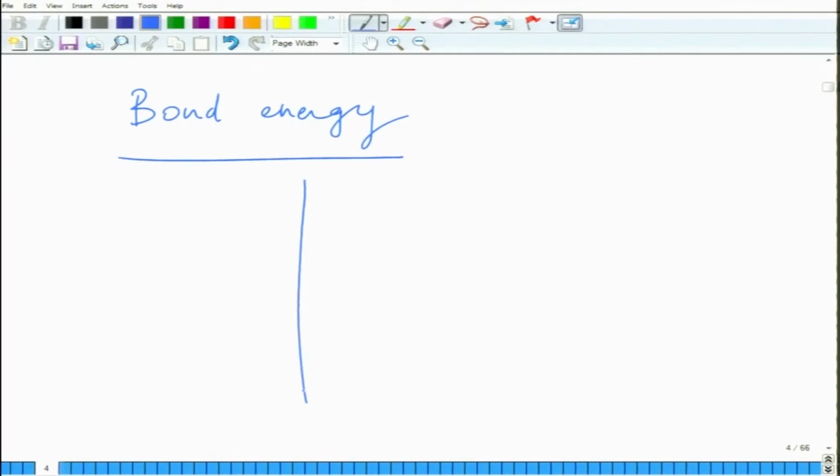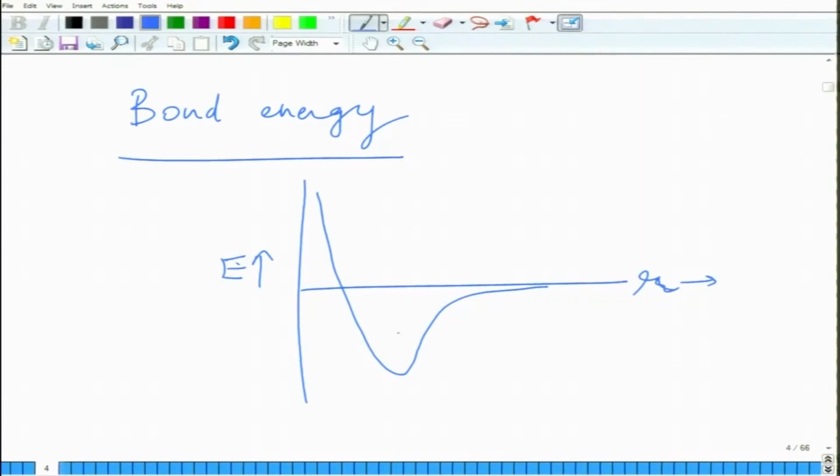So, if you have a plot like that, this is the separation distance R, this is the energy E, and the energy corresponding to the separation distance at which energy is minimum is the bond energy of the materials, and this bond energy has profound correlation with the basic properties of materials. So, let me now get into the bonding.